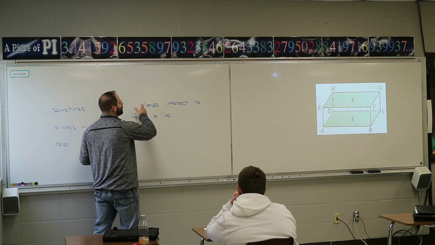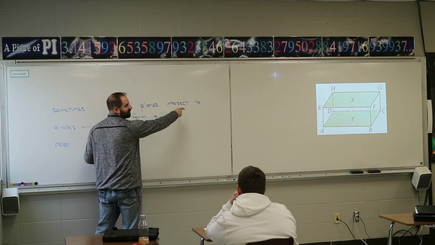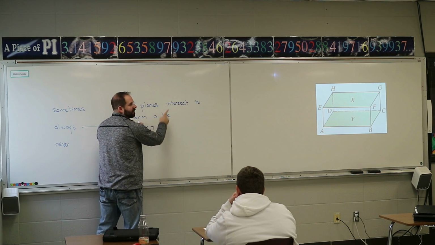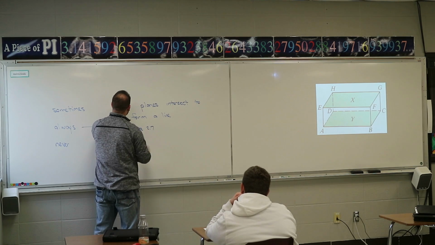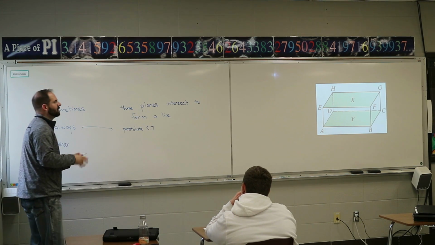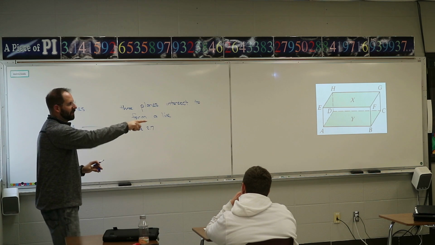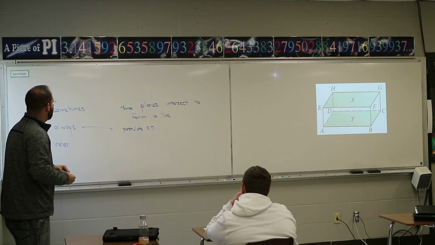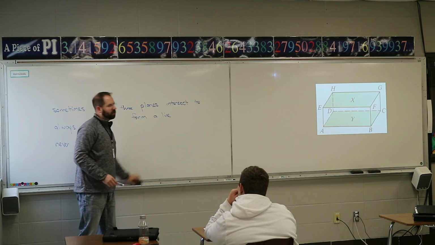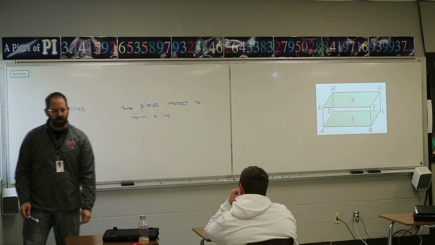If I said just two planes don't intersect, then you would have parallel. So if they intersect, do they form that? Yes, they would. Okay, I see what you're saying. I'll get to that question here in a second, so everyone will understand. So I can word the question differently to get to what you're asking. Okay. All right. We'll get to what we were saying. She has a really good idea. That's what she's talking about.